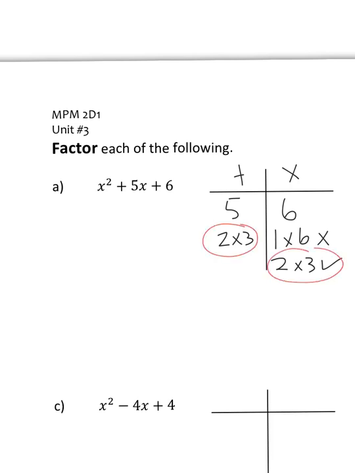Okay? So simple trinomial has a simple answer. So I draw my brackets. I have an x in the front of each bracket, a positive 2, and a positive 3. I just realized this should be plus in the middle there. There we go. So you can always expand to check your work, but I'll leave that to you.